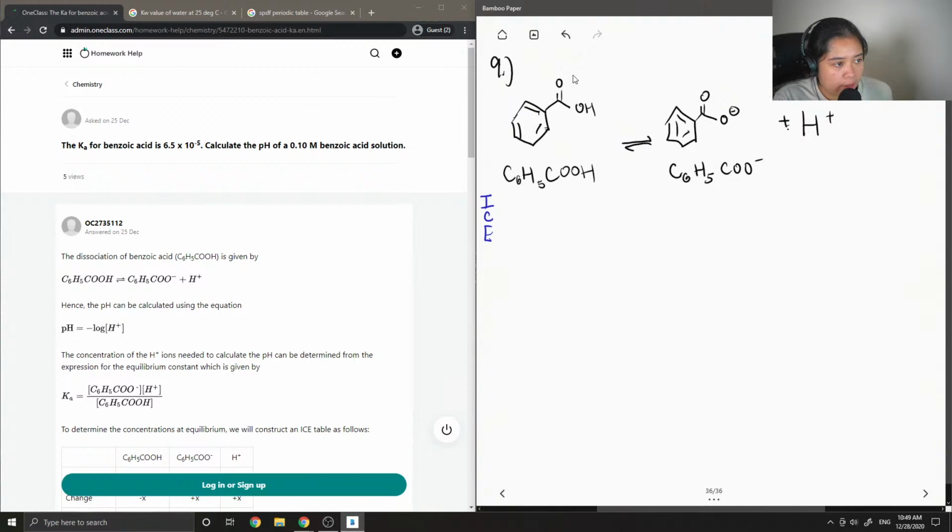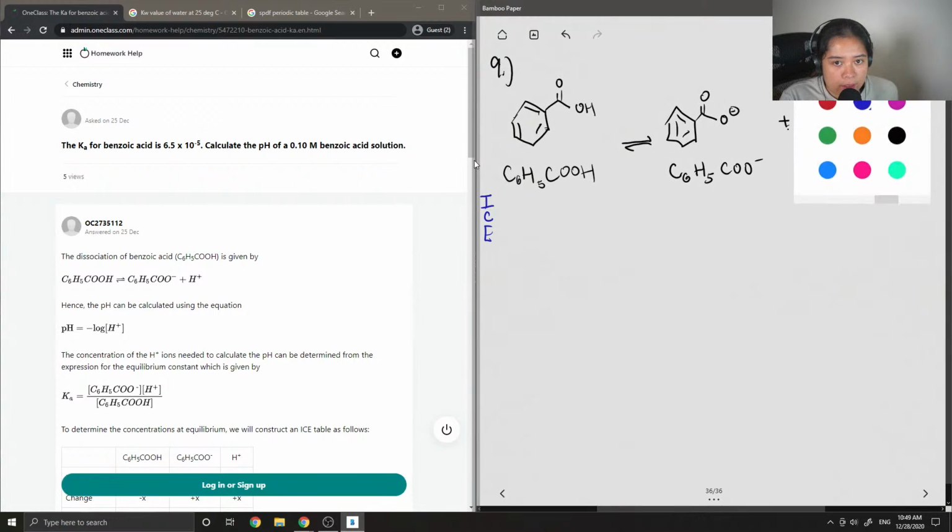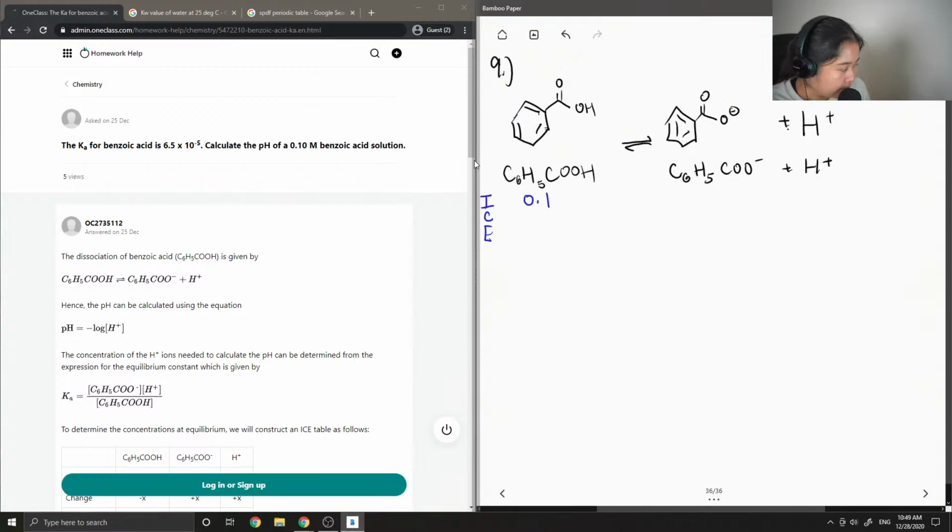So we start off with a 0.1 molar solution of benzoic acid. So the initial concentration of the benzoic acid solution is the 0.1. So I'm going to put 0.1 under its initial row. And then for the concentration of our products, at the start of the reaction, we start off with no product, so their initial concentrations are 0.